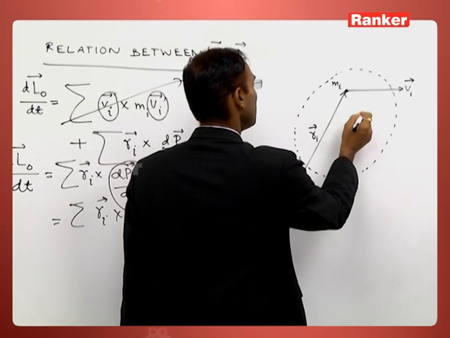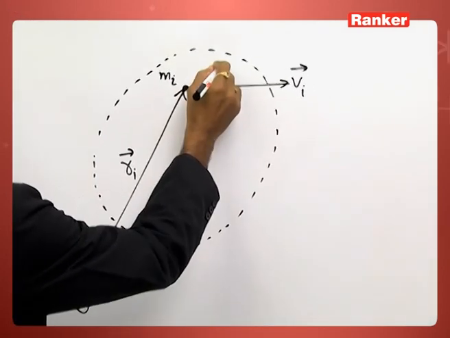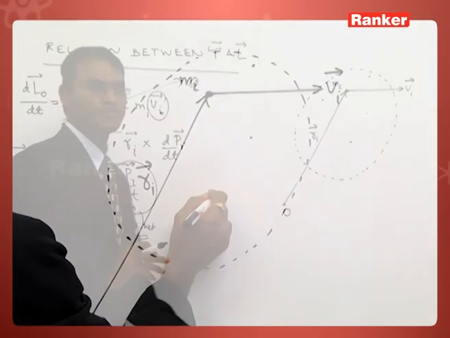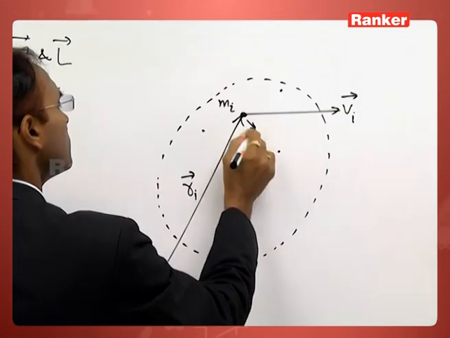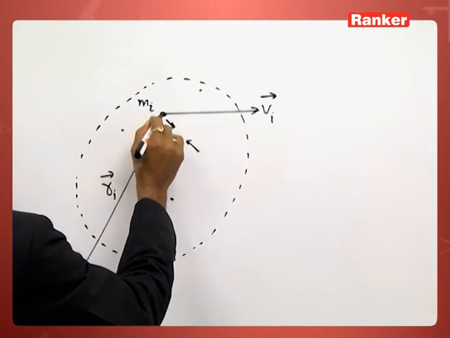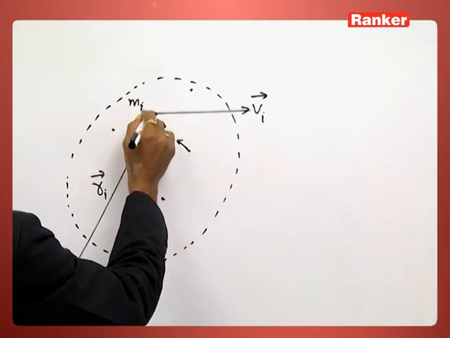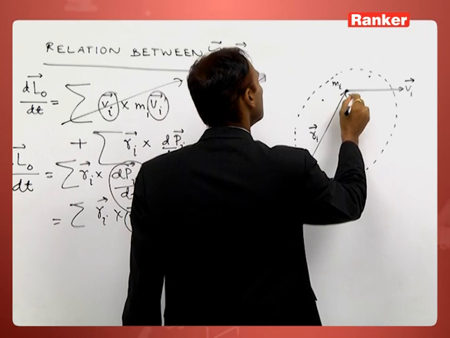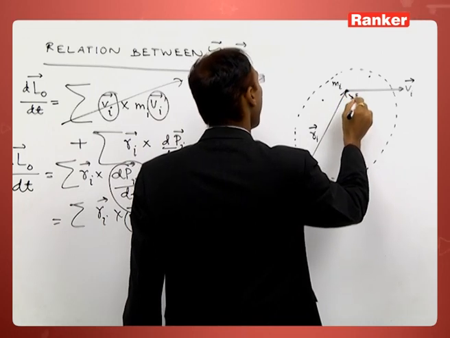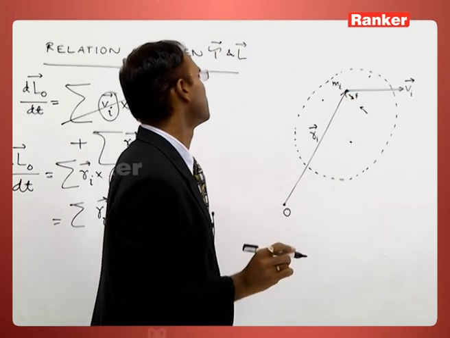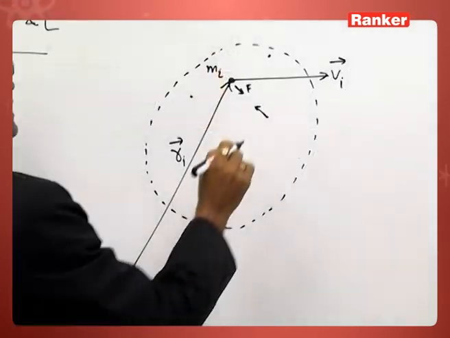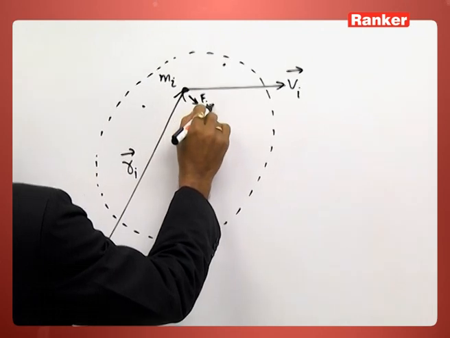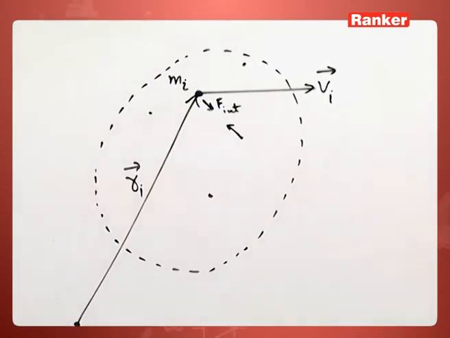The ith particle may be interacted by the other particles. Therefore, on ith particle, the sum of all interaction forces due to other particles of the system can be called internal forces.